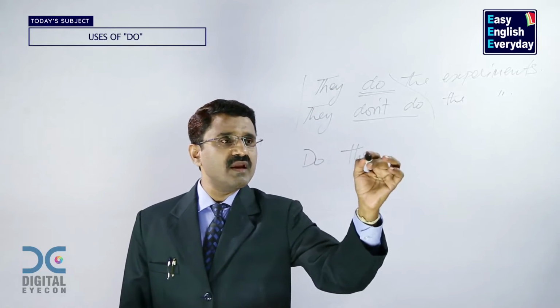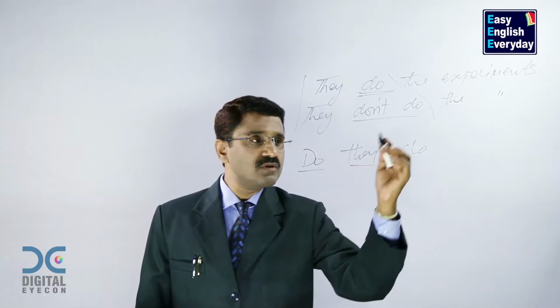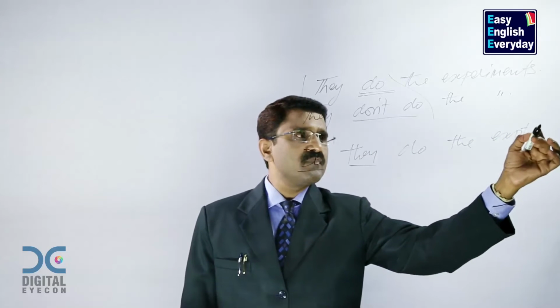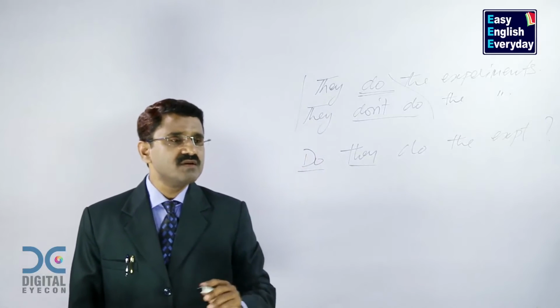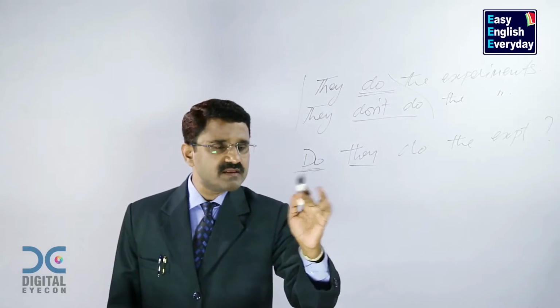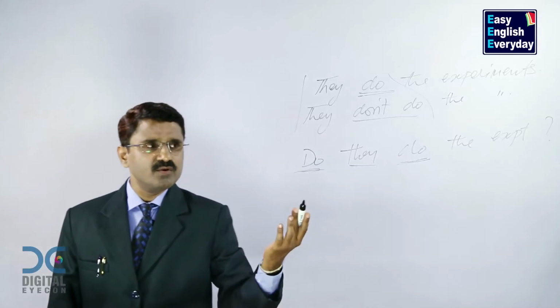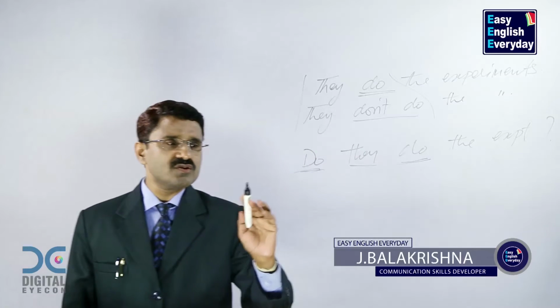Do, they, do. 2 times we use it. Do they do the experiment? So people call one is the auxiliary verb, the other is the main verb. Fine, you can call it one auxiliary verb, one main verb. But terminology is not important.